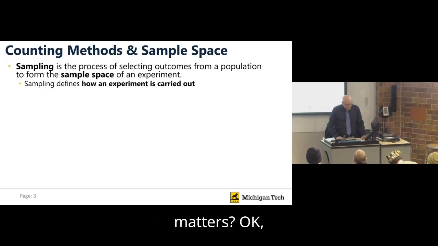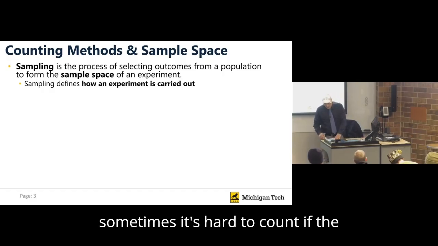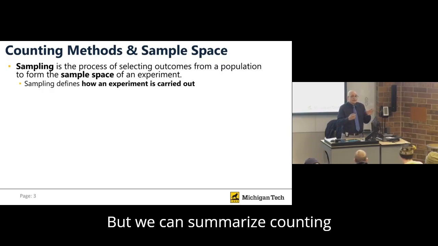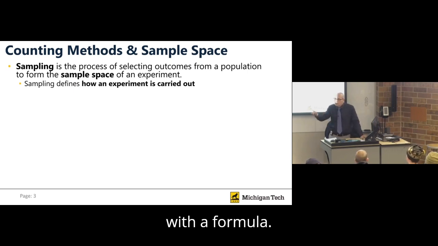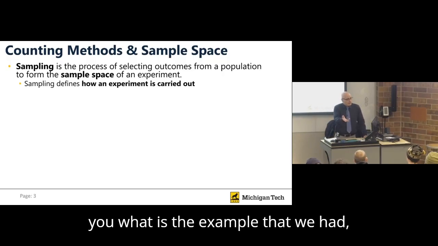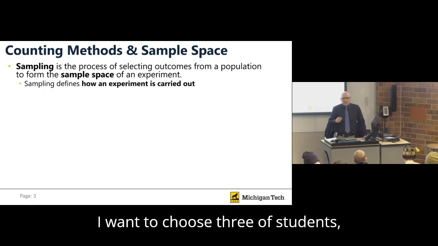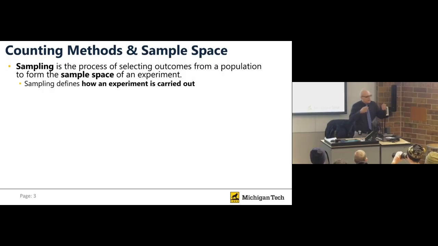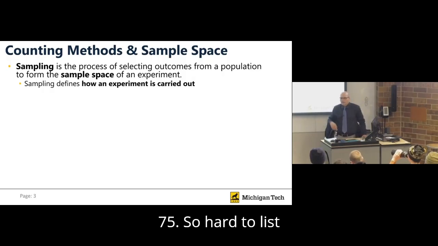Why does counting matter? Counting matters because sometimes it's hard to count if the number is not limited. But we can summarize counting with a formula. For example, when I ask how many cases we can have selecting 3 students from 75, it's so hard to list them.